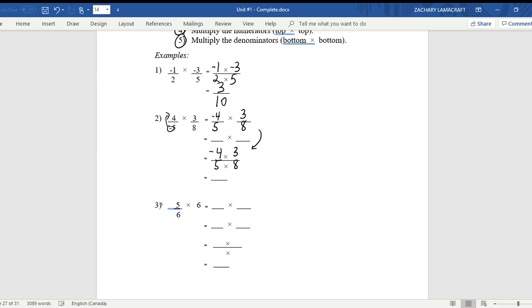So -4 times 3 is -12. And 5 times 8 being 40. And we can actually reduce this by dividing both by 4, giving us -3 over 10. Again, guys, make sure you're getting this down in your book.